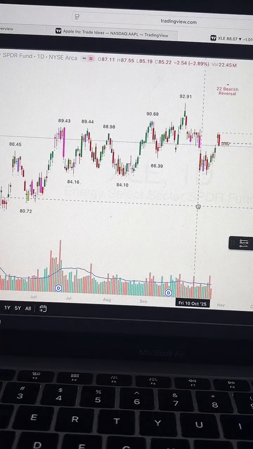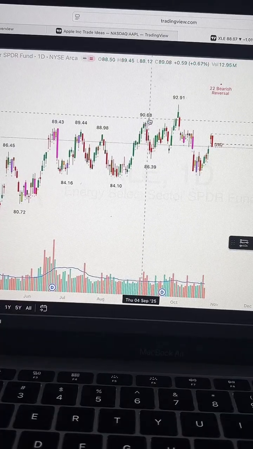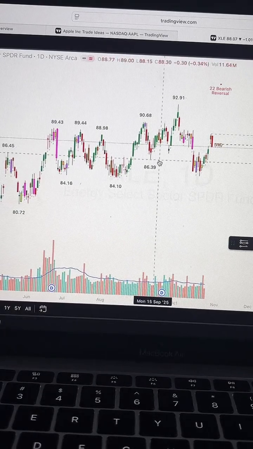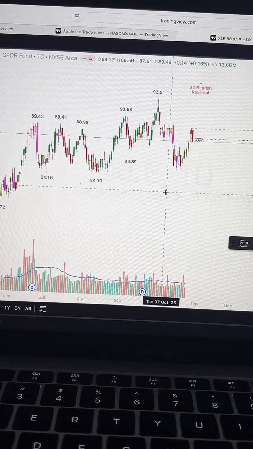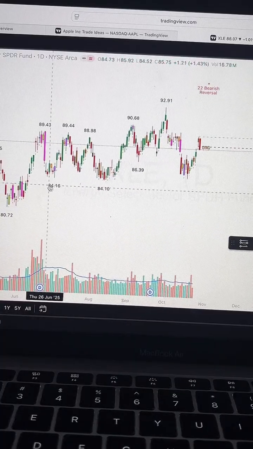To me, it's really choppy. It looked like we tried to start an uptrend right here, but then we broke down and we breached all of these. So that uptrend didn't work. So now it looks to be choppy. We're still in this range.